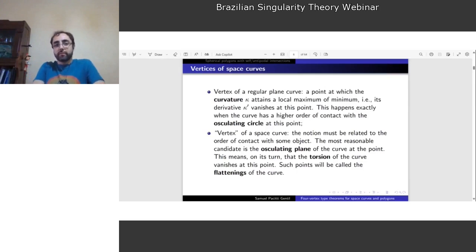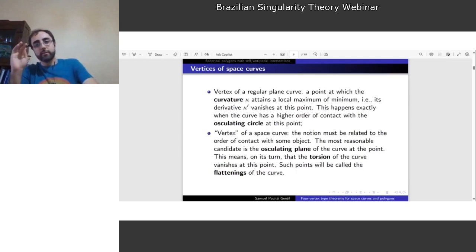So the notion of the vertex of a plane curve must be somehow related to the order of contact with some kind of object. And as some of you might be familiar with, the most reasonable candidate is the osculating plane of the curve at this point.